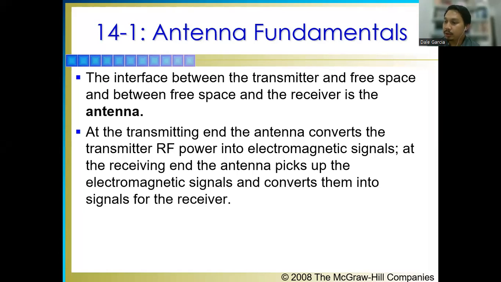Since it is a transducer, it can also be used as a sensor. An antenna can be used as a sensor, but it is more useful as a device that can pick up information. If it is a tag sensor, it only detects whether energy is present or not, on and off.